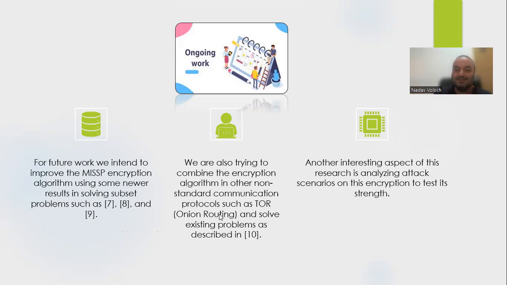Last but not least, for future work, it's actually current ongoing work. We want to improve the MISSP encryption algorithm because ever since 2017, there have been newer results. I put several references from the Greek mathematician Aris Pamaglosis, I think, so I'm sorry if I'm not pronouncing it right.